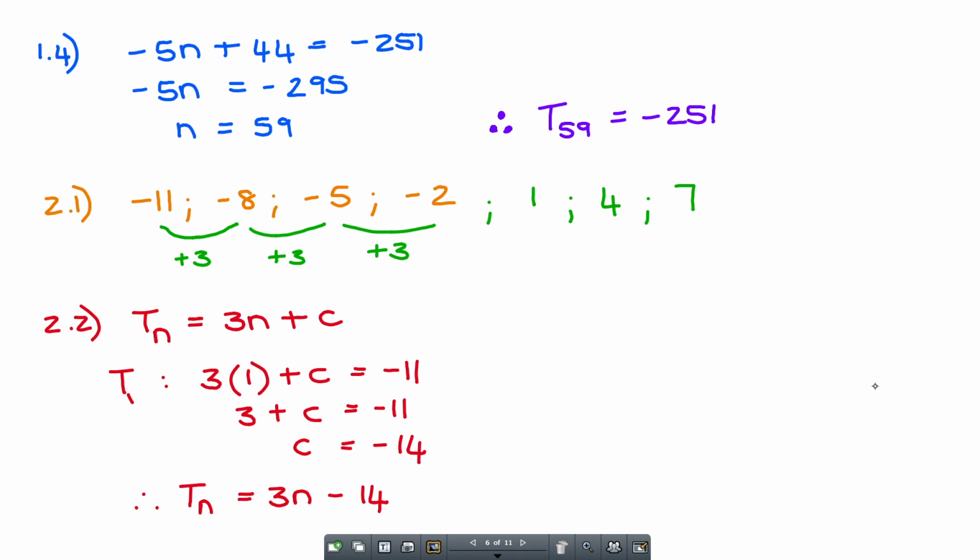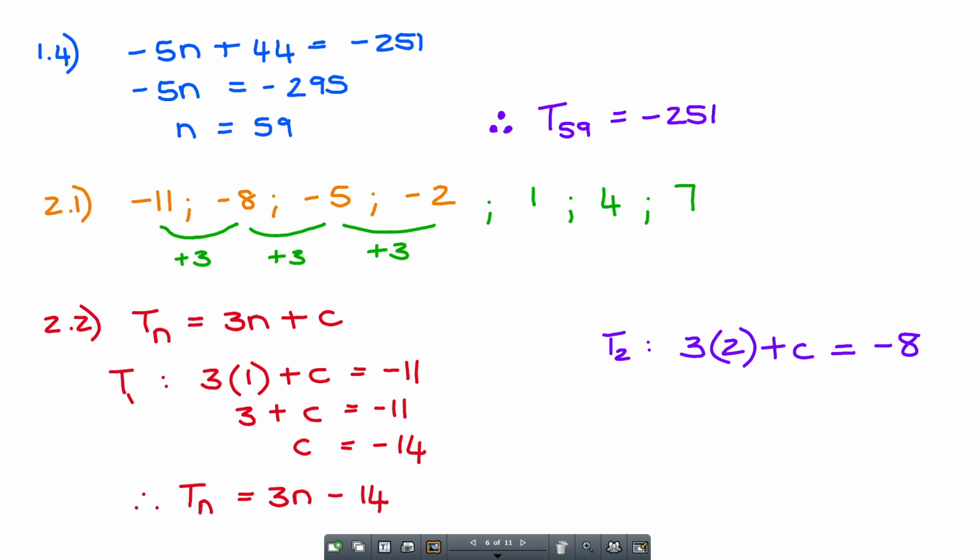Do you guys want me to quickly show you if you use any other term? Want jy hoef nie altyd term 1 te gebruik nie. Let's say you use term 2. Then you would have 3, en in plaas van n, gaan ek nou sê 2 plus c is gelyk aan, hoeveel is term 2? Minus 8. So equal to minus 8.